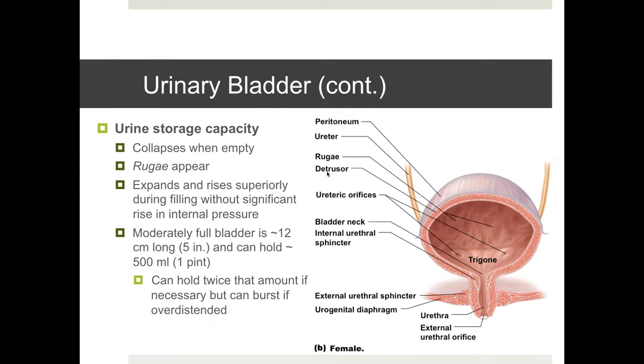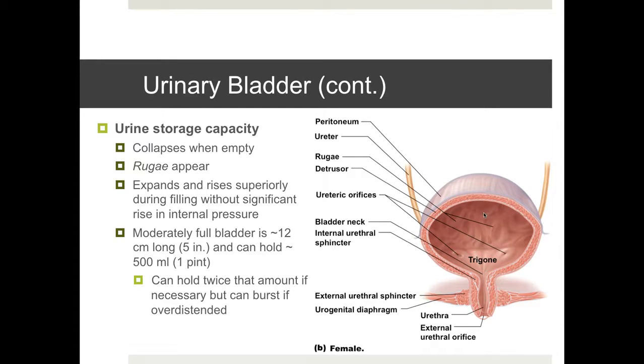Next, we have urine storage capacity. Just like our stomach, our bladder is going to kind of collapse when it is empty, and we are going to see these curvy mucosa layers in the internalmost aspect of the bladder, and that is called rugae.